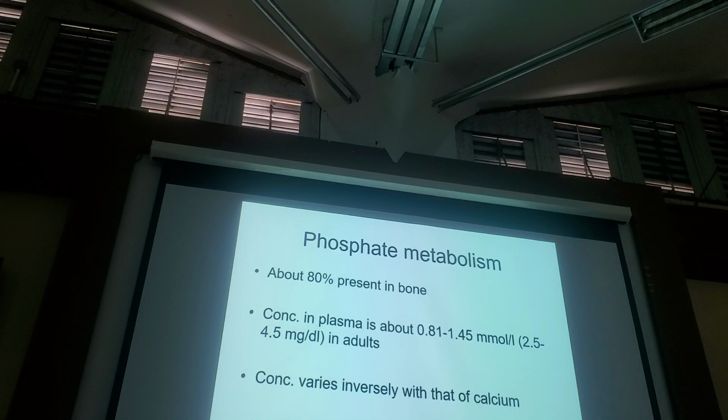So let me pick your brain quickly now. What is the average calcium level? I gave you some figures in milligram per deciliter. You remember? It's about 9 to 11, 9 to 12, thereabout. And then phosphate in an adult, say 5 or 4 milligrams per deciliter.